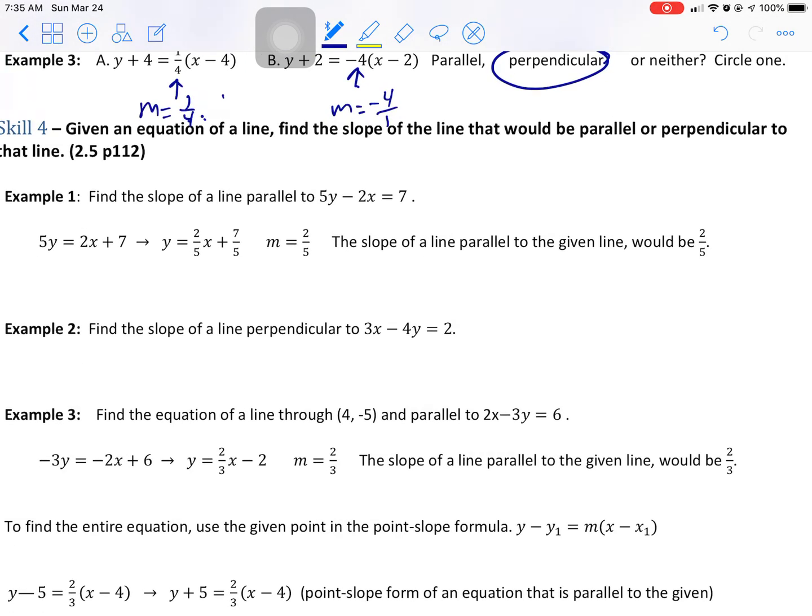Given the equation of the line, find the slope that would be parallel. Okay. Or perpendicular to the line. So if you're given this line, you can't tell anything about that. Let's move the 2x over.